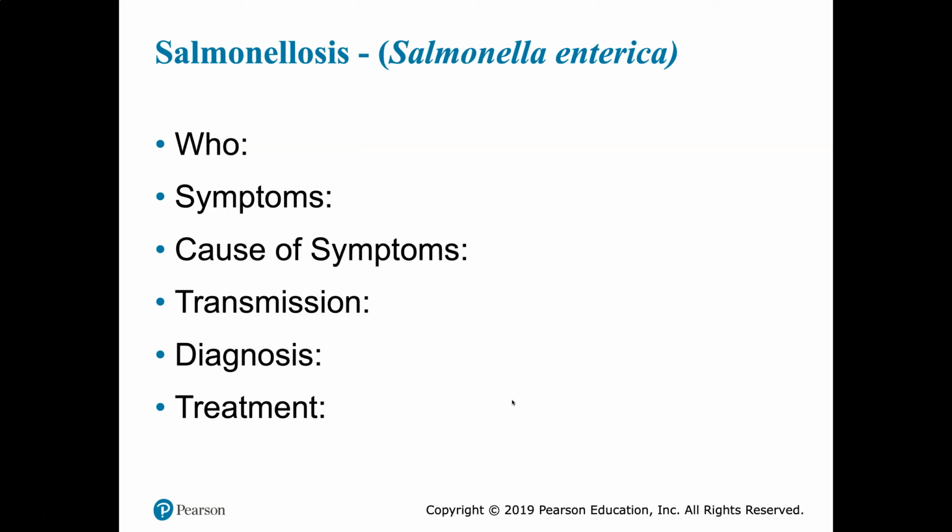They can also escape phagocytosis. And if the macrophages engulf them, if they do actually get phagocytosed, they can multiply inside the macrophage and essentially kill the macrophage. So these organisms are really good at what they do, of causing disease. Transmission, well, fecal-oral transmission.